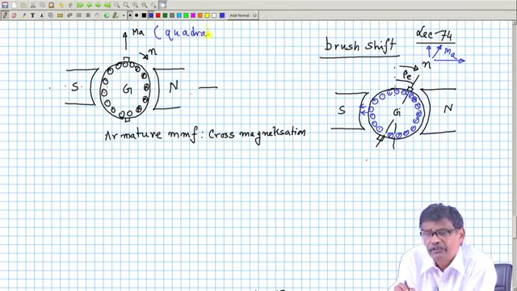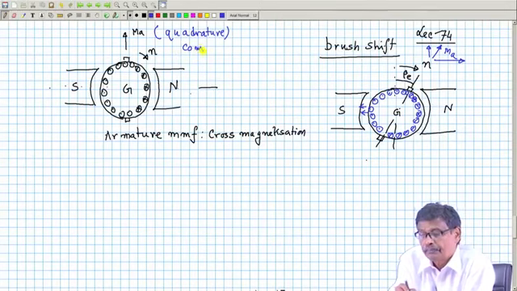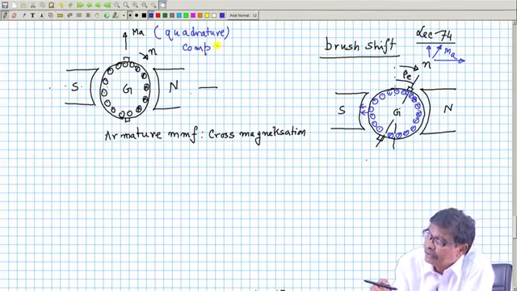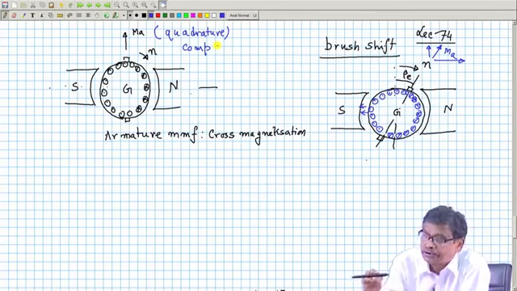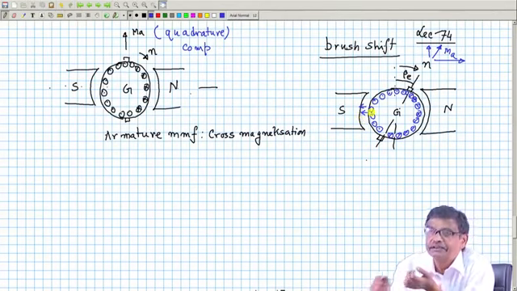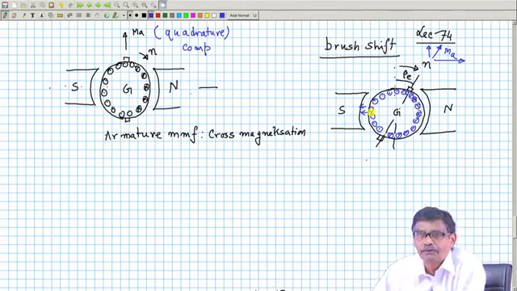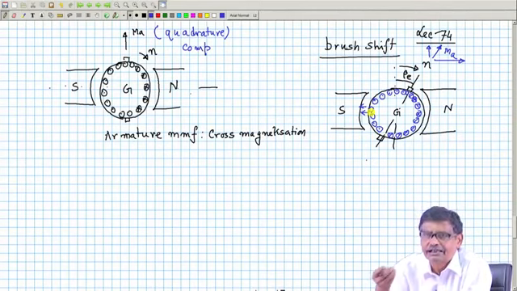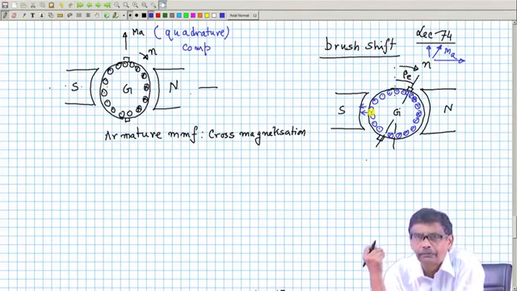It distorted the flux, quadrature component only, but here it has both direct and quadrature components. Therefore, there will be a direct reduction in flux per pole, not because of saturation, not a little drop like that.